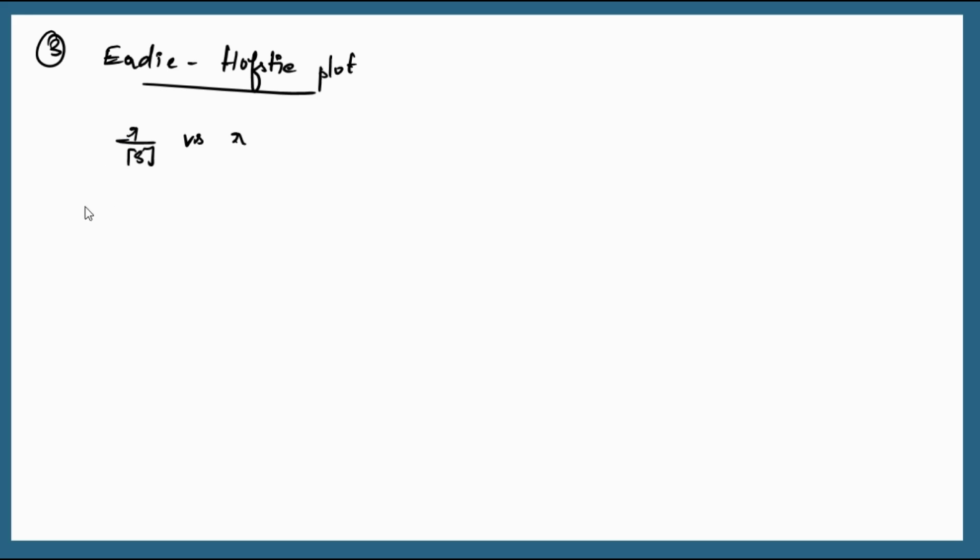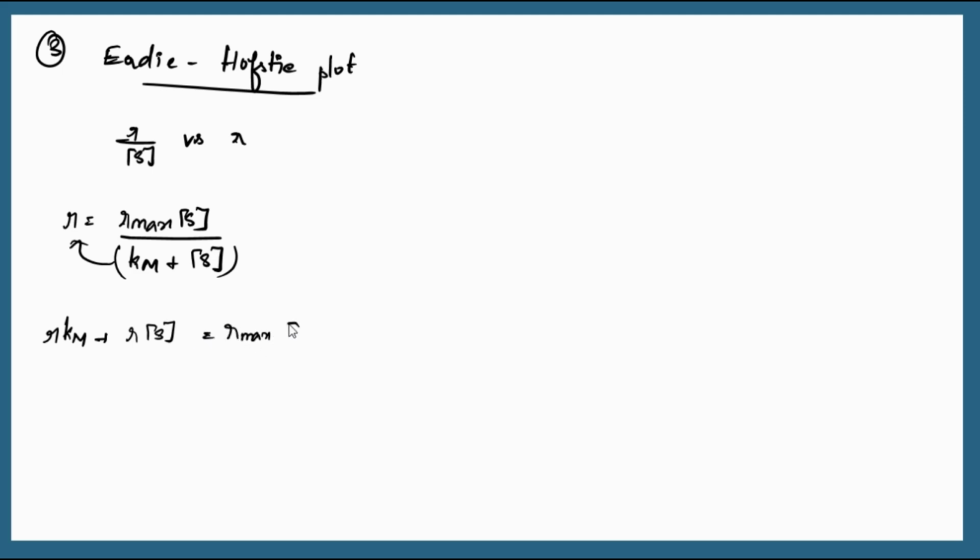So what do we know? The rate equation: rate will be equal to R max concentration of S by Michaelis-Menten constant plus concentration of S. If we take this complete term to the other side, this will be multiplied, so this will be R times Km plus concentration of S, equal to R max by concentration of S. Correct? So now what we are going to do is divide this completely by concentration of S. What happens when we divide by concentration of S?